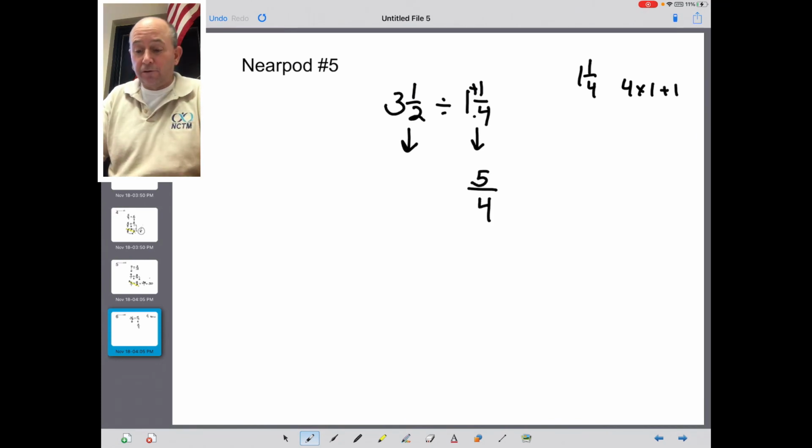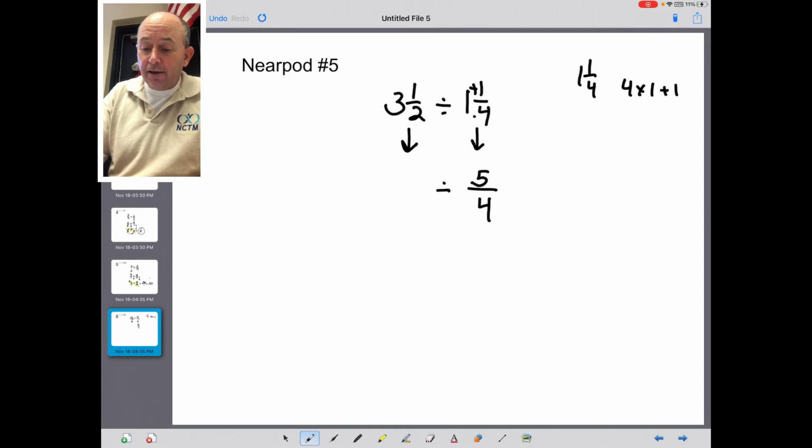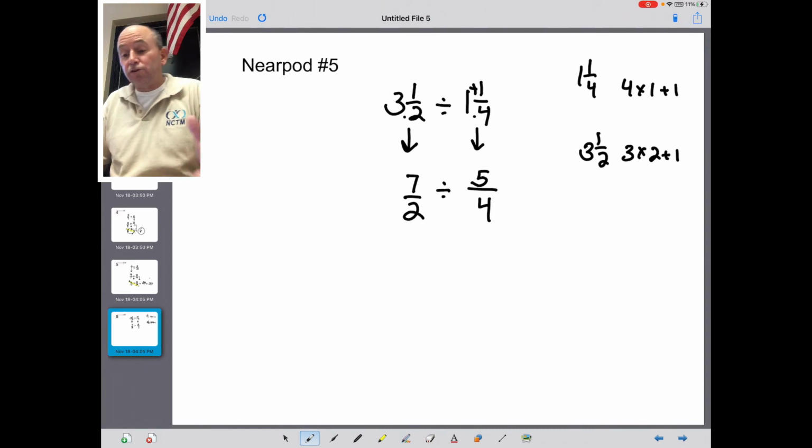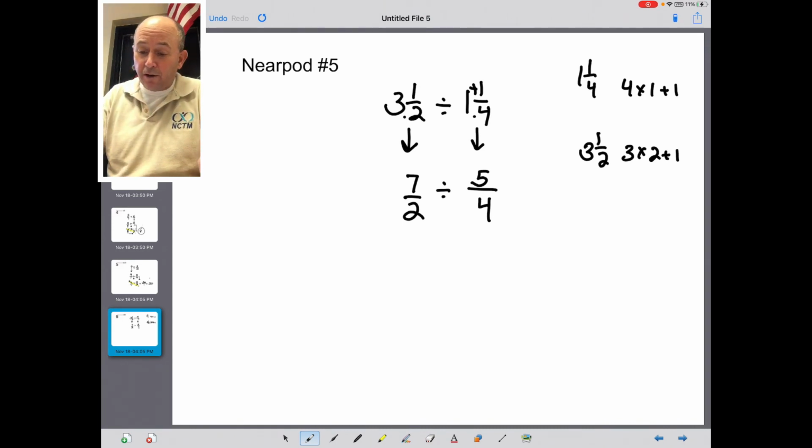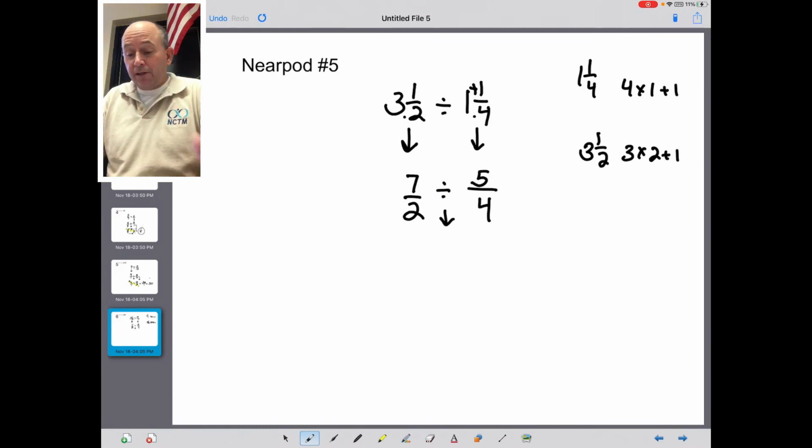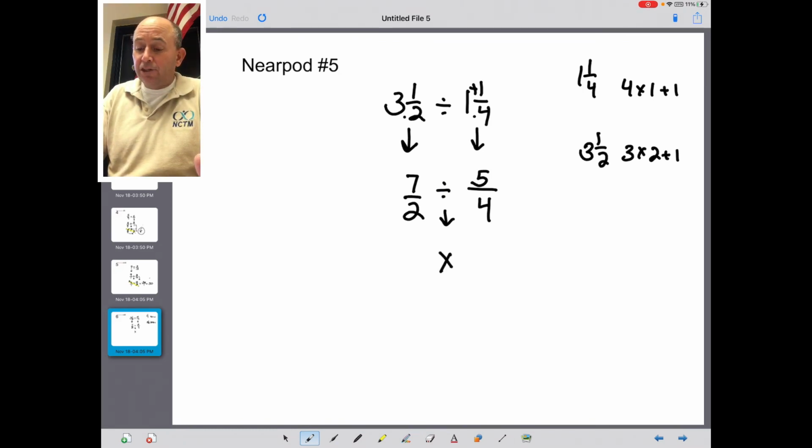And you're going to take the 3.5, and you would do 3 times 2 plus 1 to make your improper fraction. So 2 times 3 is 6 plus 1 is 7. So you have 7/2.